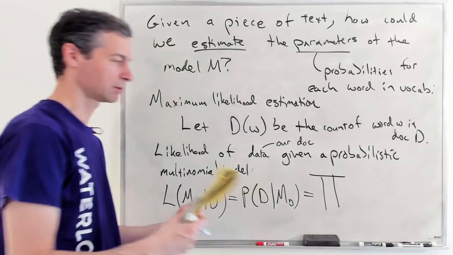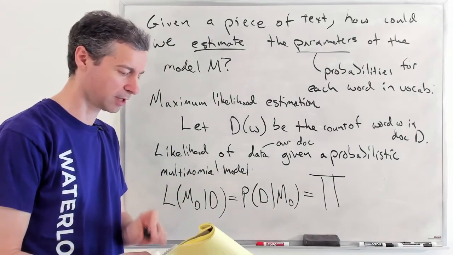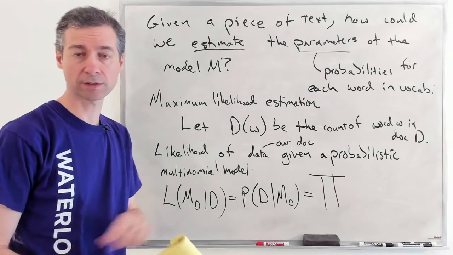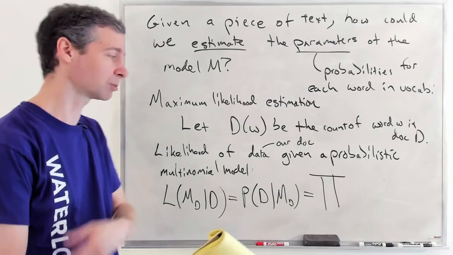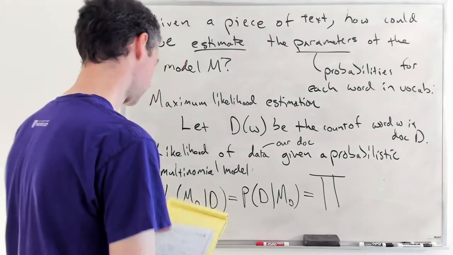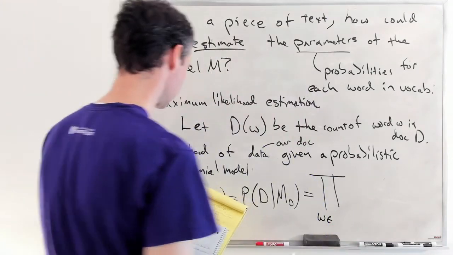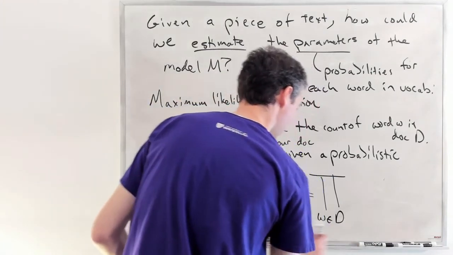the product. Some people aren't used to the big product sign. This isn't like the summation sign, except we're going to be multiplying. And it's a product over the unique words in the document.